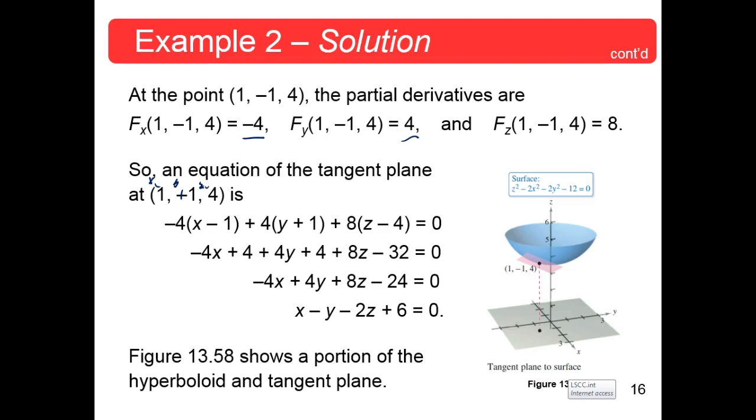But the z has a very positive slope, 8, the gradient vector. The other two are minus 4 on x, which is going that way on x, and it's really hard to see here, and plus 4 on y.